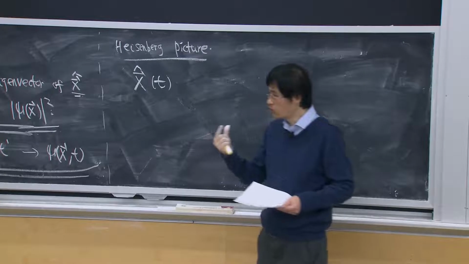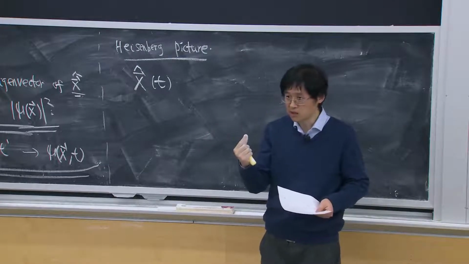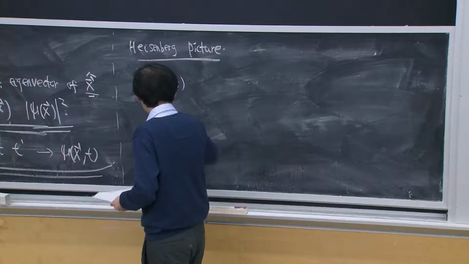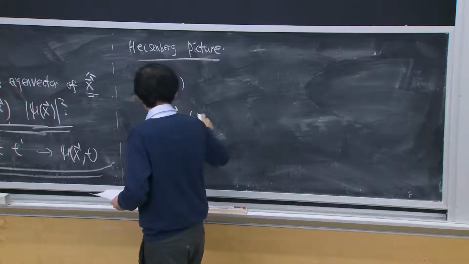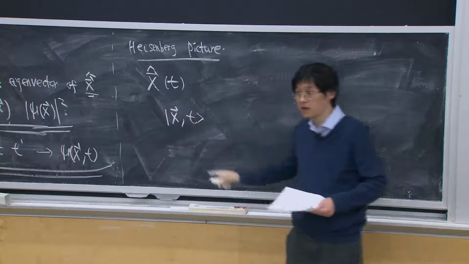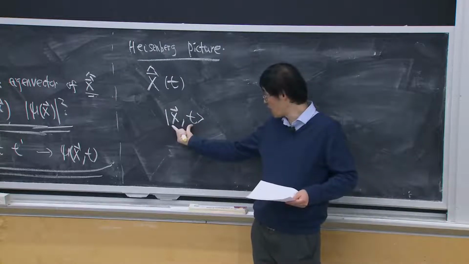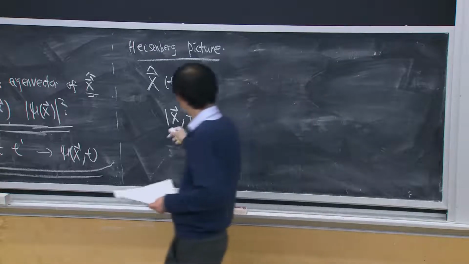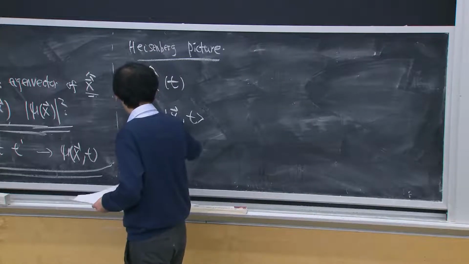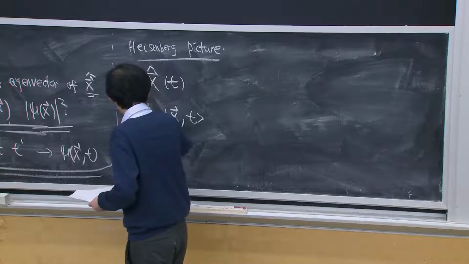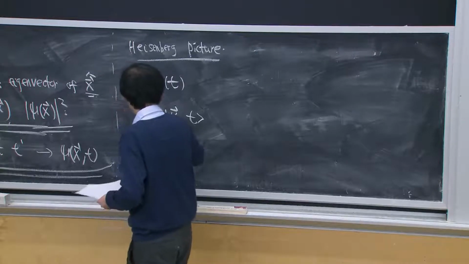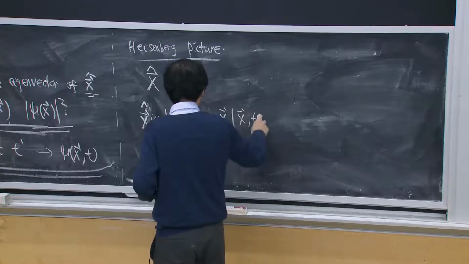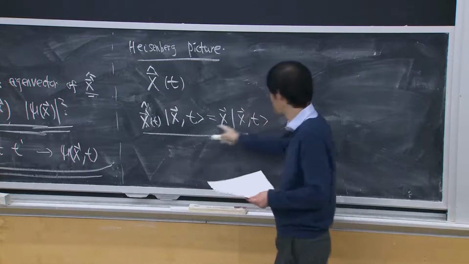Now the position eigenvector needs a t label. This t does not mean that the vector evolves with time; it is just a label. It means this is the eigenvector of the position operator at time t.